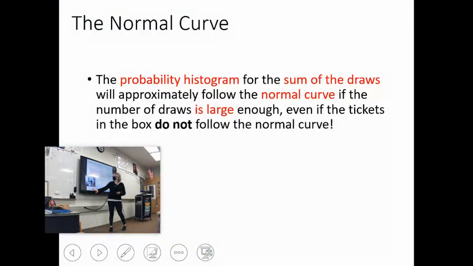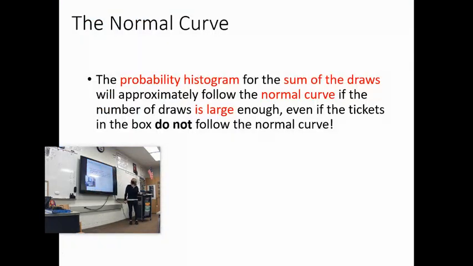Okay, and then the probability histogram for the sum of the draws will approximately follow the normal curve if the number of draws is large enough. This is what we talked about yesterday, okay? So this is just a review from yesterday. Even if, like I mentioned yesterday, the tickets in the box don't follow a normal curve, it doesn't matter. It matters how many draws we take from that box.